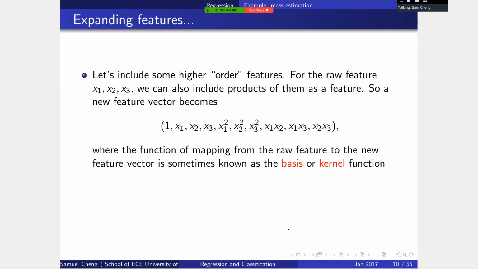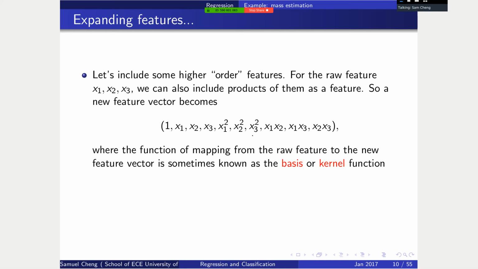What we can do to increase the complexity a little bit is add more higher order features. People sometimes call this the kernel trick. It's not precisely the kernel trick, but it has the same flavor: you map your features from lower dimension to higher dimension. In this case, you just add more features, combinations of your features.